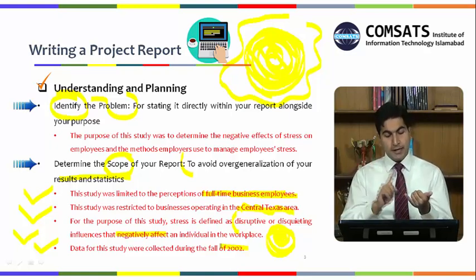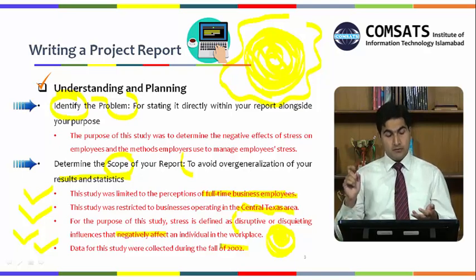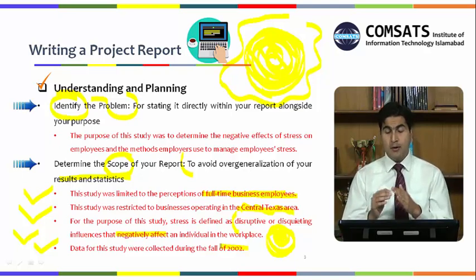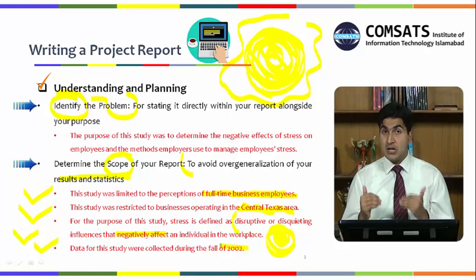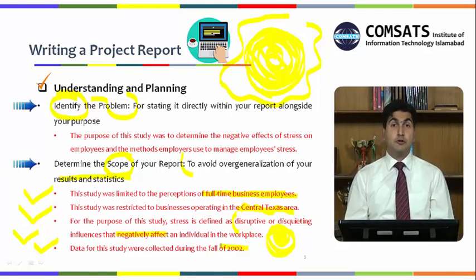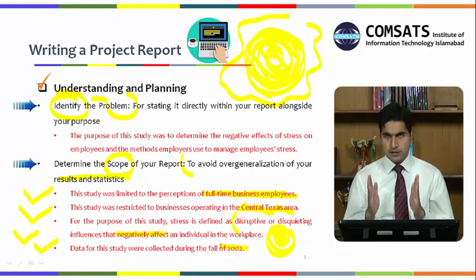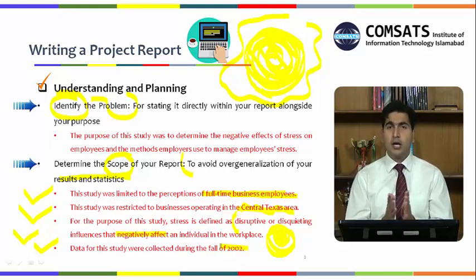So you have to define the boundary with respect to space, with respect to time, and all the other components which can vary when it comes to your study or your area of study. Everything has to be covered when you are specifically talking about your scope, and these things are supposed to be written when you are writing a scope. So it has a separate heading as well.